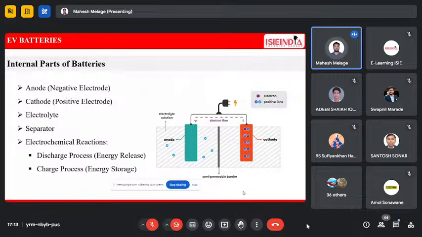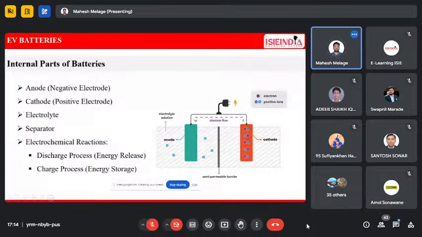In a discharging process, the ions flow from cathode to anode, and the electrons similarly flow from cathode to anode. In the charging process, the current flows from cathode to anode and the ions also flow through the electrolyte, only the electrolyte. The current cannot flow in an electrolyte. Why?